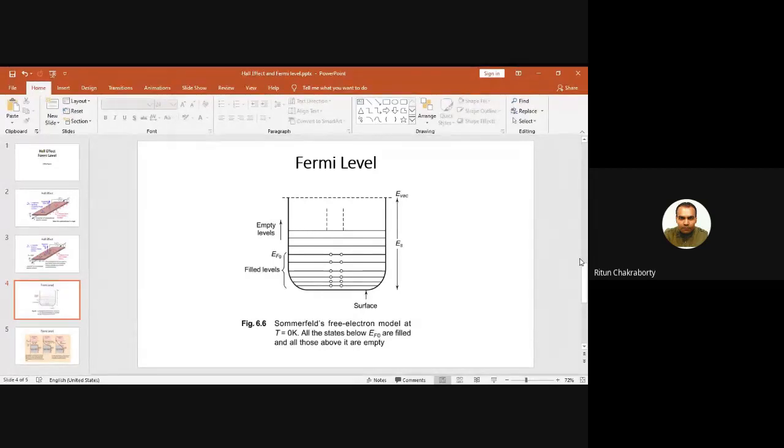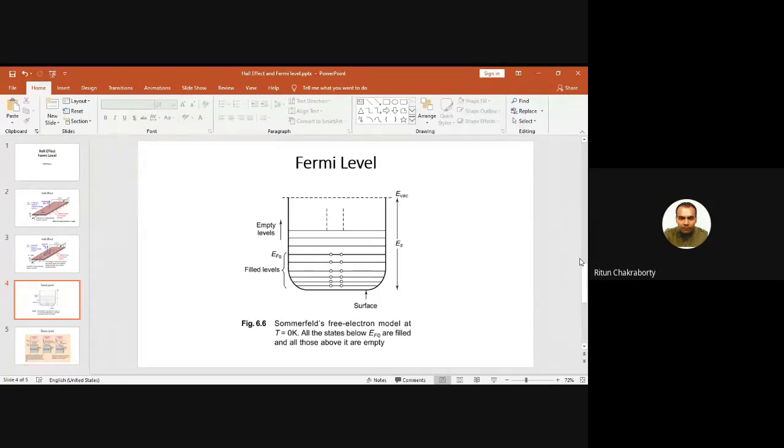Suppose you maintain the temperature of your metal or semiconductor at 0 Kelvin. At that temperature, the highest value of energy that can be occupied by electrons is called the Fermi level.